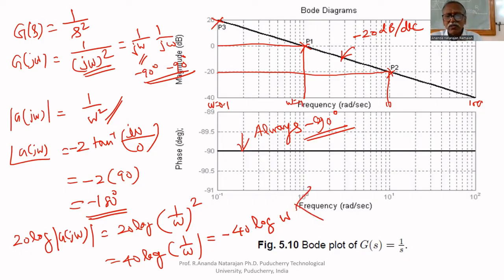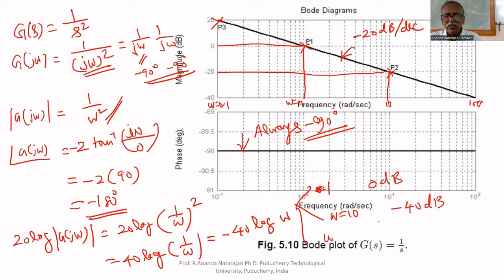So when omega equal to 1, what you will get? 0 dB. When omega equal to 10, you will get minus 40 dB.